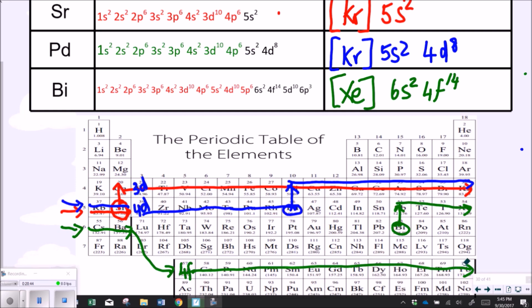Now I've reached 70 and I can go to 71 over here, and I go to the end of D. This is 5D, so 5D10. And then over here I have 2p, 3p, 4p, 5p, 6p, so 6p, 1, 2, 3.